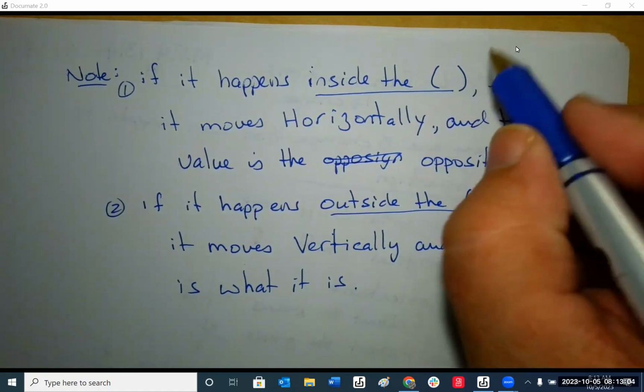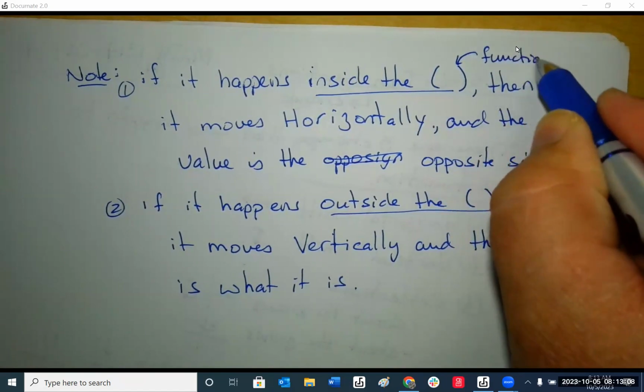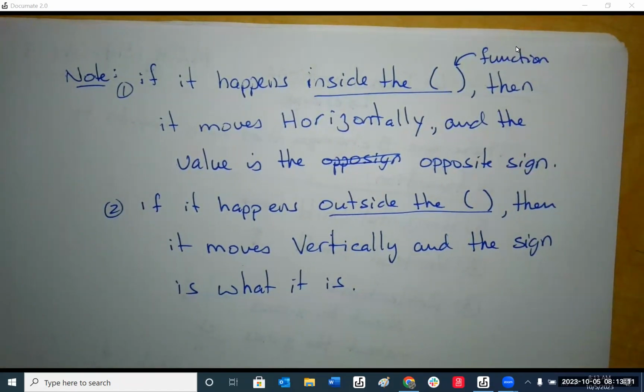The parentheses represent the function. So if it happens inside the function, then it's a horizontal shift. If it happens outside the function, it's a vertical shift.